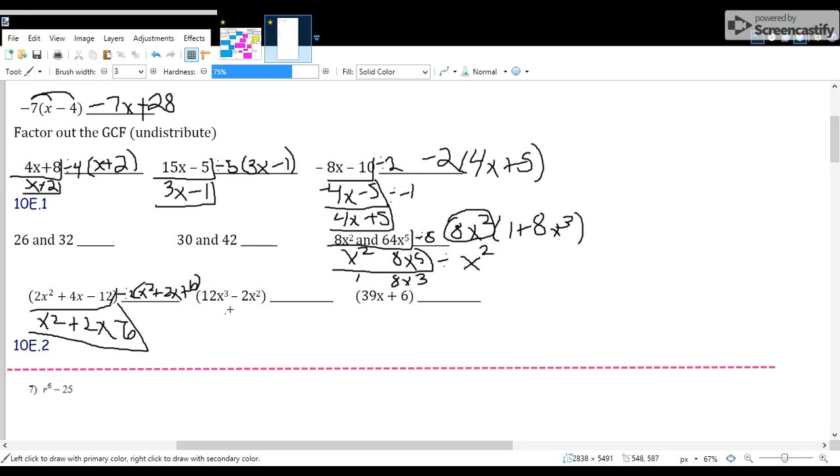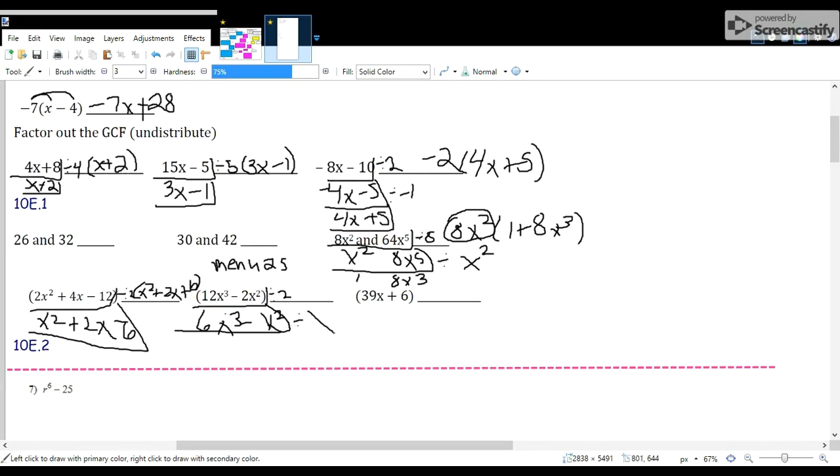Okay, for the next one, 12x cubed minus 2x squared. First, let's find the GCF of 12 and 2. And again, you can always press menu 2 5 to find that for your numbers. If you put that in, you should get a greatest common factor of 2, so divide out 2. Okay, after that, ask yourself, do they both have a variable, yes or no?